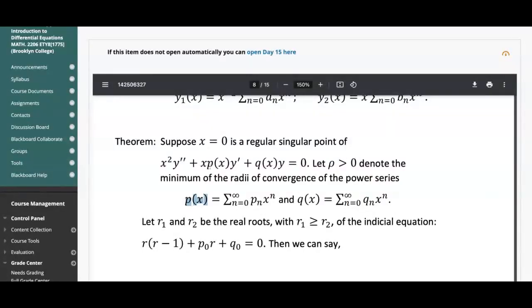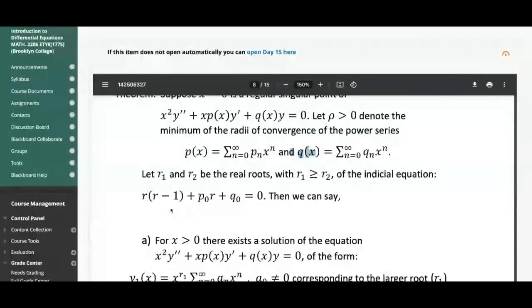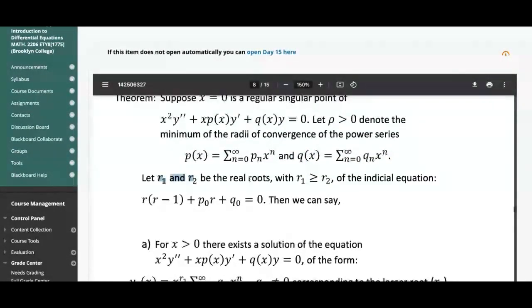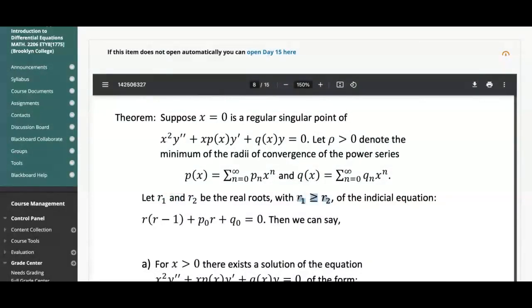So p of x is a power series, and q of x is some other power series, because a regular singular point means both lowercase p and lowercase q can be represented as a power series. And r1, r2 be real roots of the indicial equation.